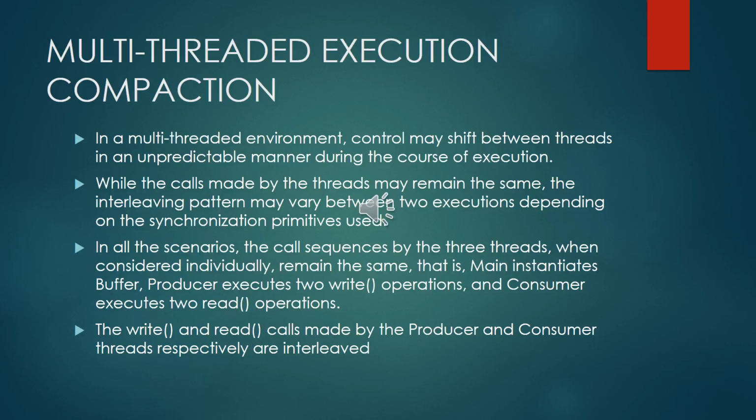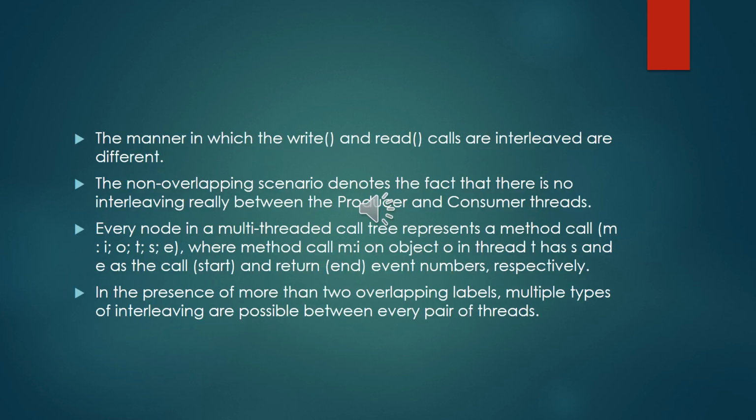The write and the read calls made by the producer and the consumer threads respectively are interleaved. The manner in which write and read calls are interleaved is different. The non-overlapping scenario denotes the fact that there is no interleaving between the producer and the consumer threads.